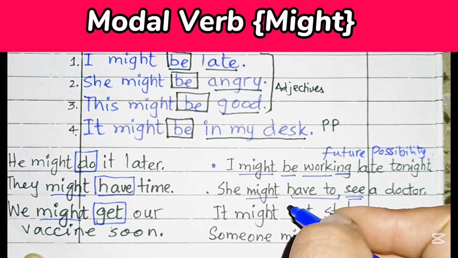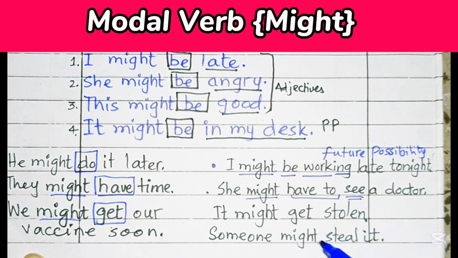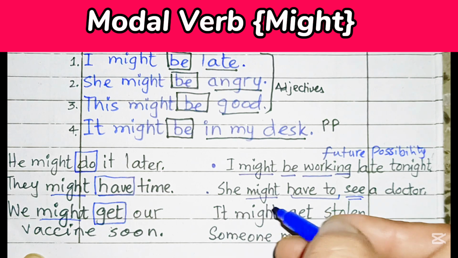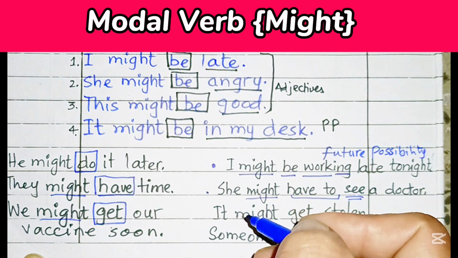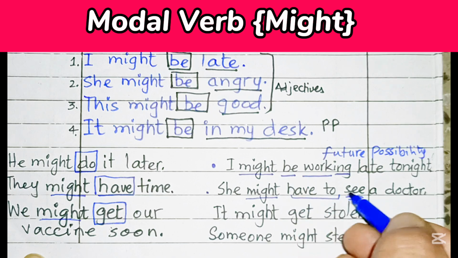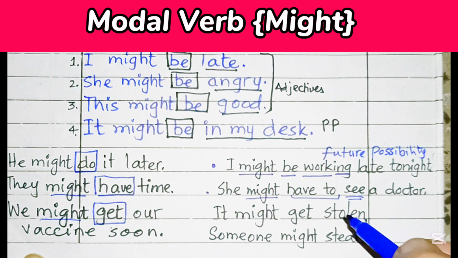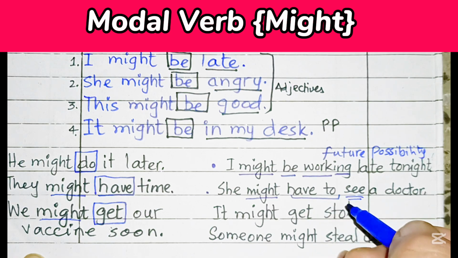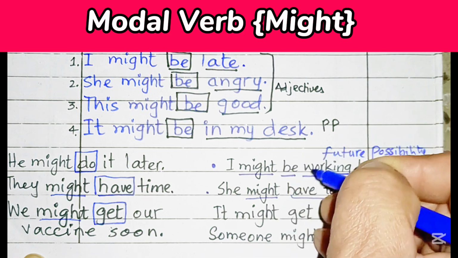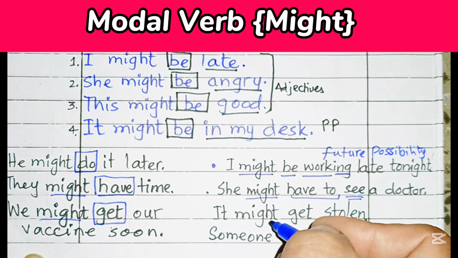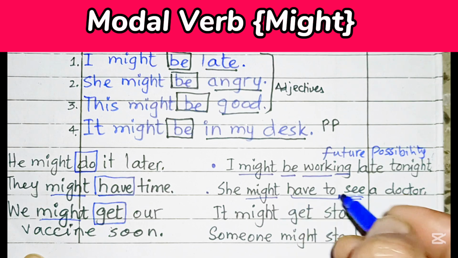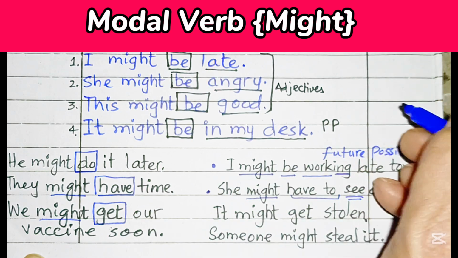Some verb phrases are used after might, as in might have to see, or might be able to see. If I say might be able to see, then this is another possibility.